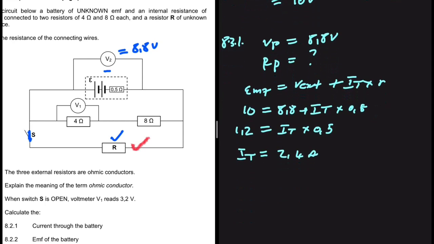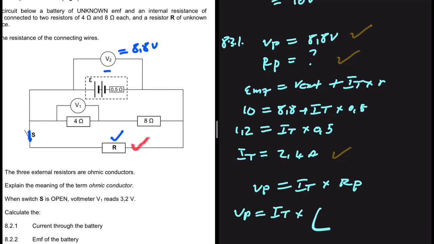Right, so now we have VP, RP, and IT. We know that VP is equal to IT multiplied by RP. So VP will be equal to IT multiplied by, instead of writing RP, we can write R1 multiplied by R2 divided by R1 plus R2.